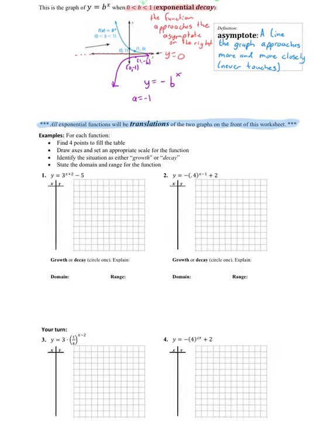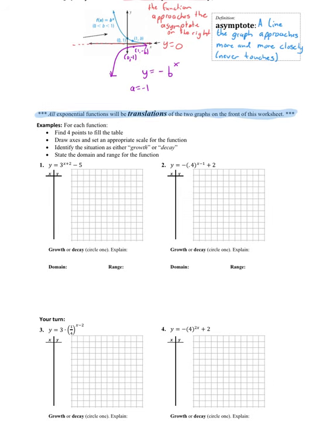When we are sketching these types of functions, these are the steps I want you to follow. I want you to find 4 points to fill in the table. So 4 points only, that's what you need. Hopefully we can deal with integer values as much as possible, though sometimes we might not be able to.